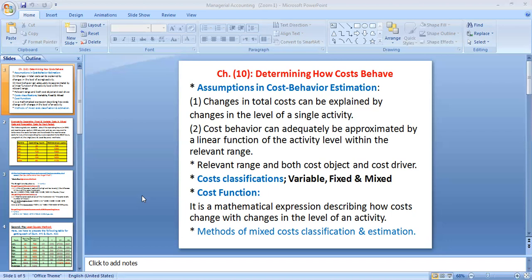The example I will give you now gives you data about the months of January, February, March, April, May, and June, 6 months. The operating hours in each month and the maintenance cost for each month are given in this example, from January to June.